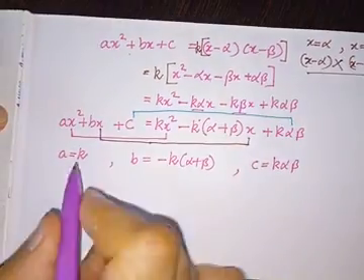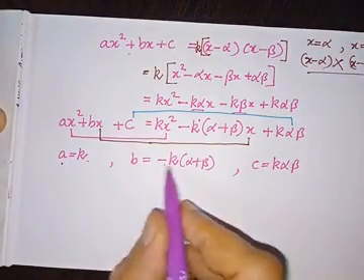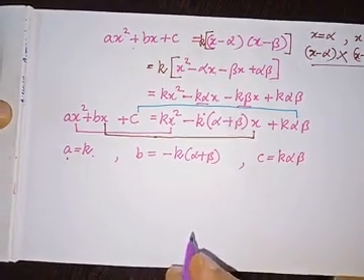So now it means a is k, b is minus k times alpha plus beta, and c is k times alpha beta.